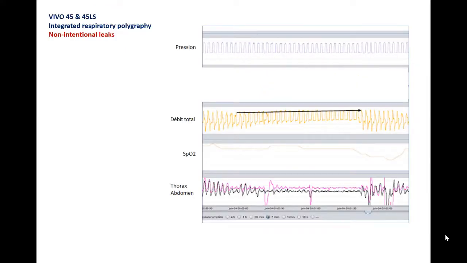Here is an example, and as I told you, first step, look at the desaturation, look for the respiratory event, and you can see that the respiratory movements are very low. And third, analyze flow variation. In this case, the flow is increasing, then the diagnosis is related to leaks.